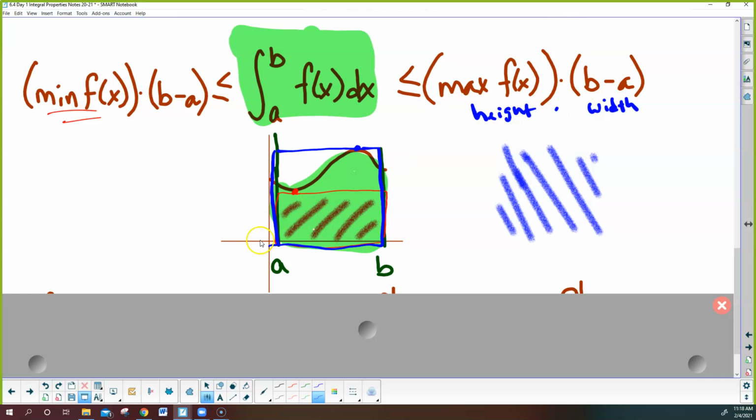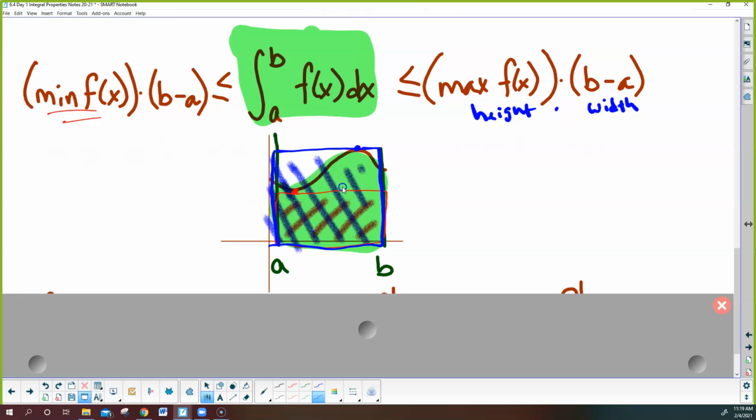Well, that's width times length. That would give me this area right here. And notice, this is going to give me the highest possible area under the curve. The minimum will give me the lowest, and we know that the integral itself is somewhere in between. It might be equal to the lowest or it might be equal to the highest, but it's not going to be lower than the low or higher than the high.